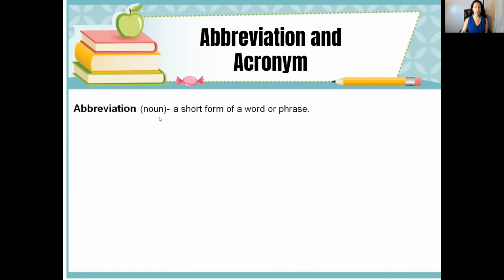Abbreviation is a noun. It's a short form of a word or phrase. Acronym is also a noun. They're abbreviations which are pronounced as words.